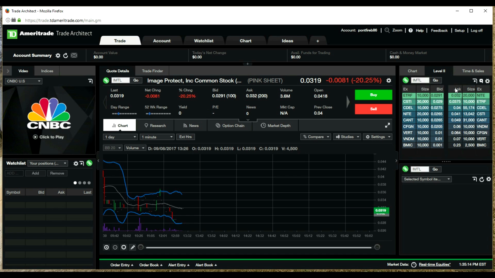And you'll see over here this bid here and this ask here. Now this is what we call the spread. So the spread here is right now 0.291 and 0.32. So you have market makers, which are these symbols here. And basically what they are is they're big banks.